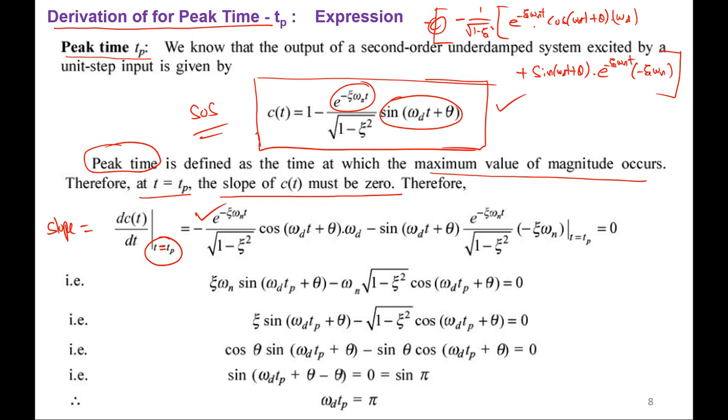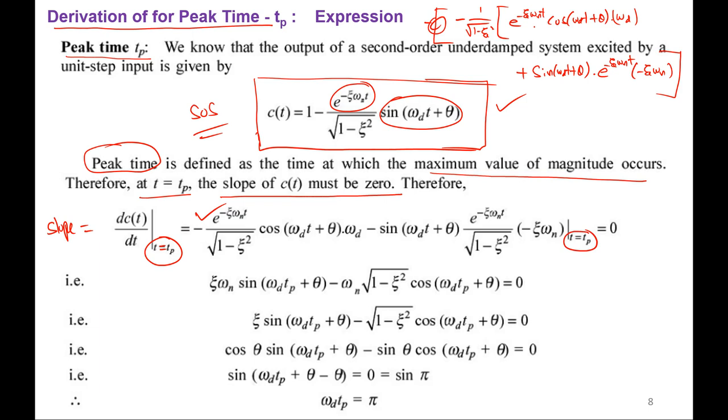Then the second term: minus into minus will be plus. Same second term, sine of omega dt plus theta into e to the power of minus z omega nt by root of 1 minus z square, at time t equal to Tp, right? So wherever t is there, we'll substitute t equal to Tp.